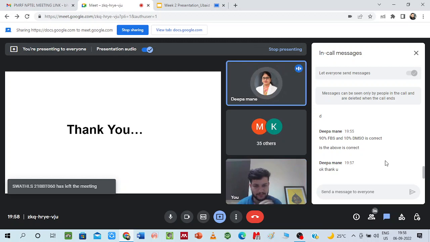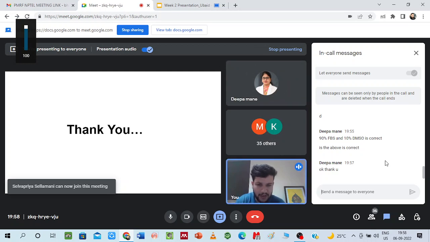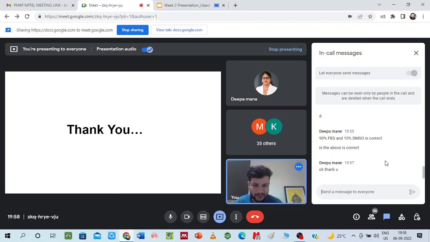Can we preserve the cells only with FBS and DMSO without media? Without media it can also be done. But as FBS is very costly, you can also go with 10% FBS. If you are planning to store your cells for a very long time, you can go with 20% FBS.